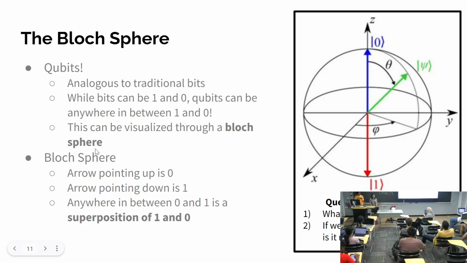If we see the superposition equation and do the calculation to find the probability, this is a nice visualization. This mentions the word superposition. What that means is a quantum bit can be both a 0 and a 1, but more than that, it can have probabilities associated with 0 and 1.